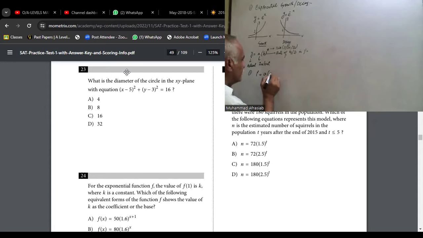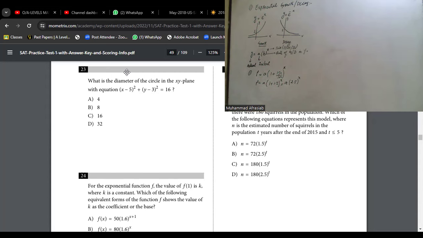That means it should be equal to 1 plus 150%, so that is A into 1 plus 1.5 power X, which is A into 2.5 power X, equal to P.